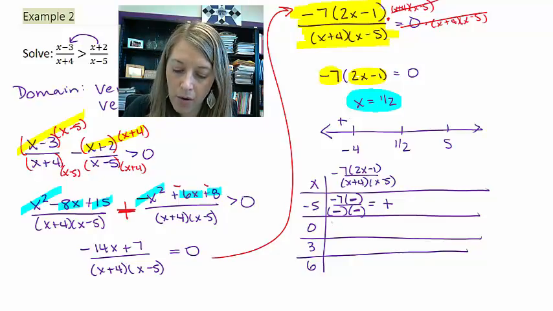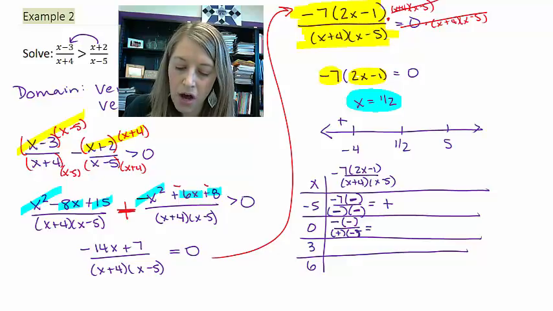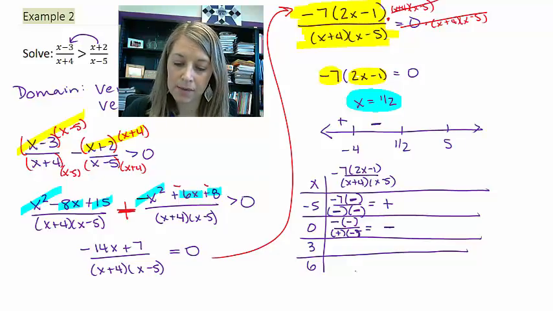If I plug in 0, I have a negative 7, 0 minus 1 is negative, 0 plus 4 is positive, and 0 minus 5 is negative. So I have an odd amount of negatives, so this is negative, or below my x-axis.